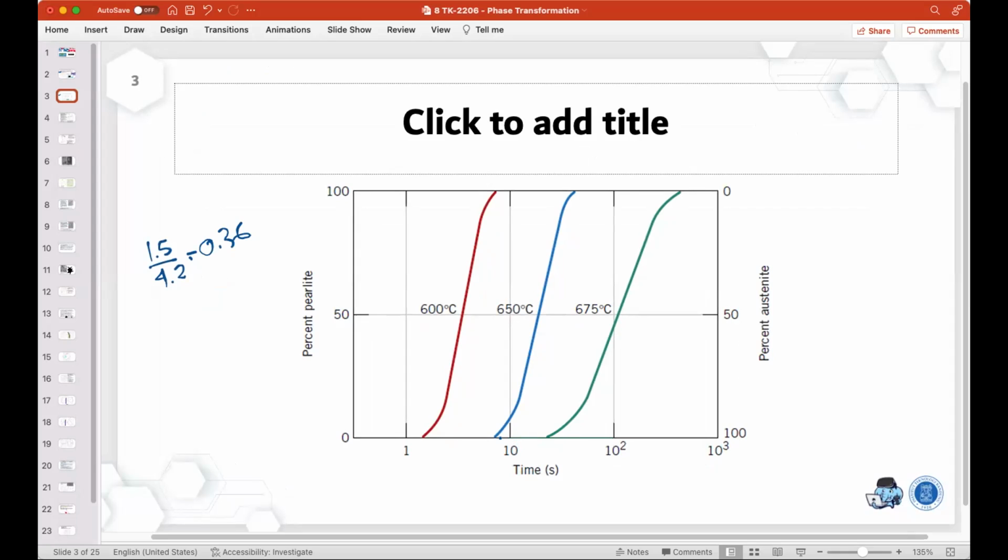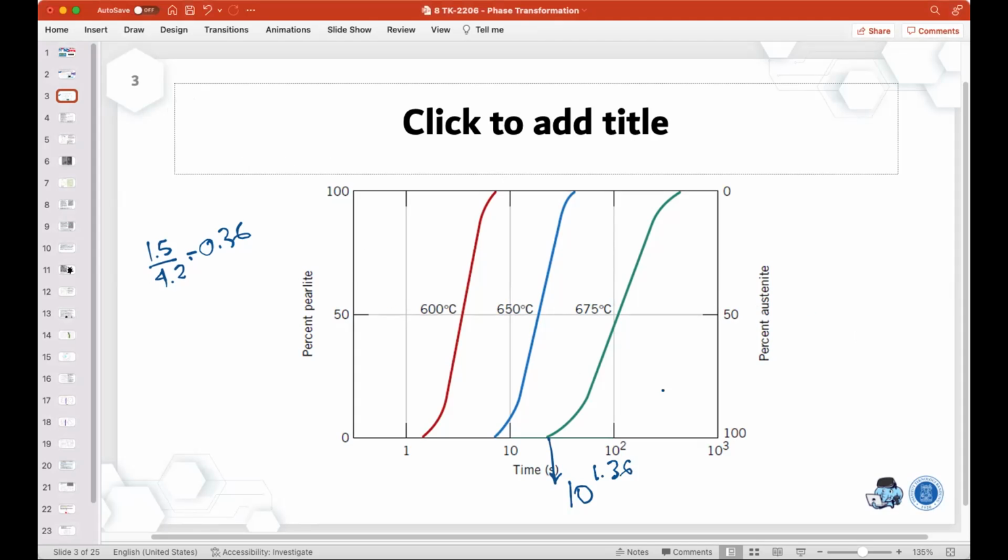So the way you read it would be 10 to the power of 1 plus the power of this one, so 1.36. Then you can open Excel and write 10 to the power of 1.36, and it's actually 22.9.